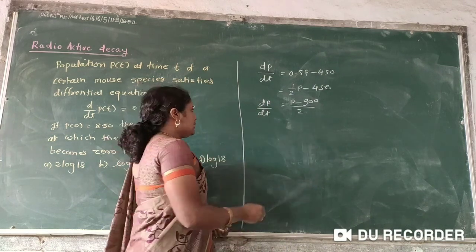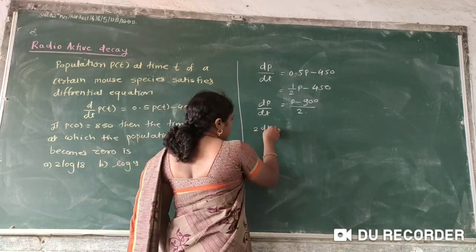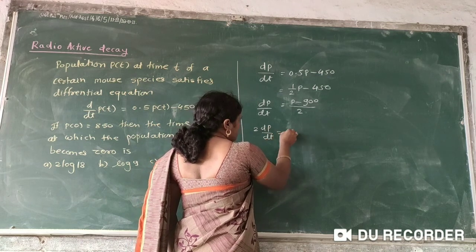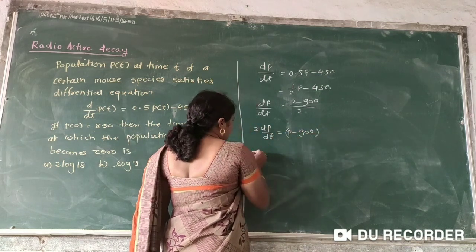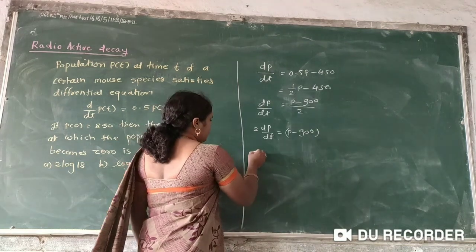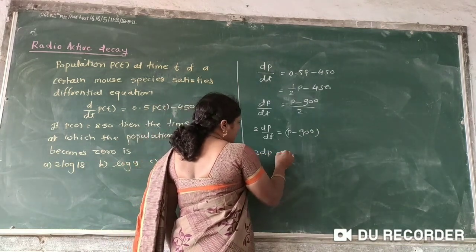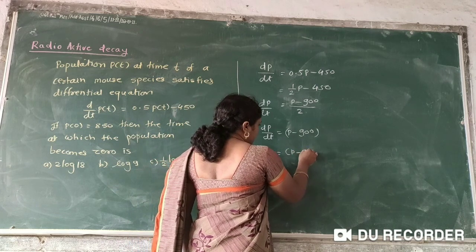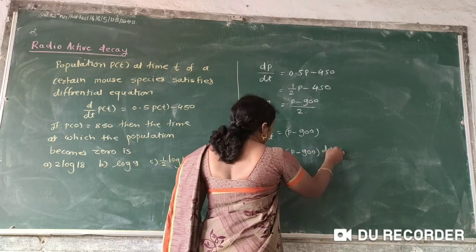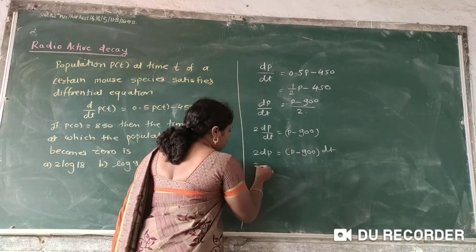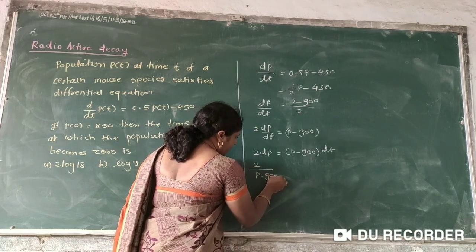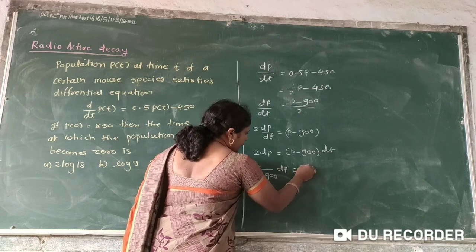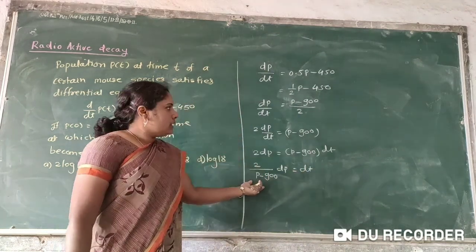Multiply this as 2 into dp by dt is equal to p minus 900. Variable separately we get 2 into dp is equal to p minus 900 into dt, that is 2 upon p minus 900 dp is equal to dt. This is the variable separable form.